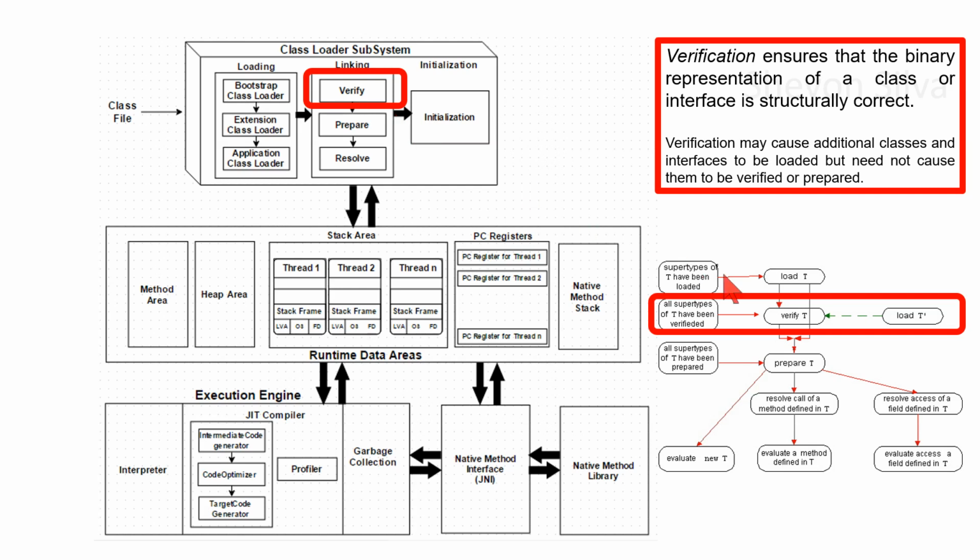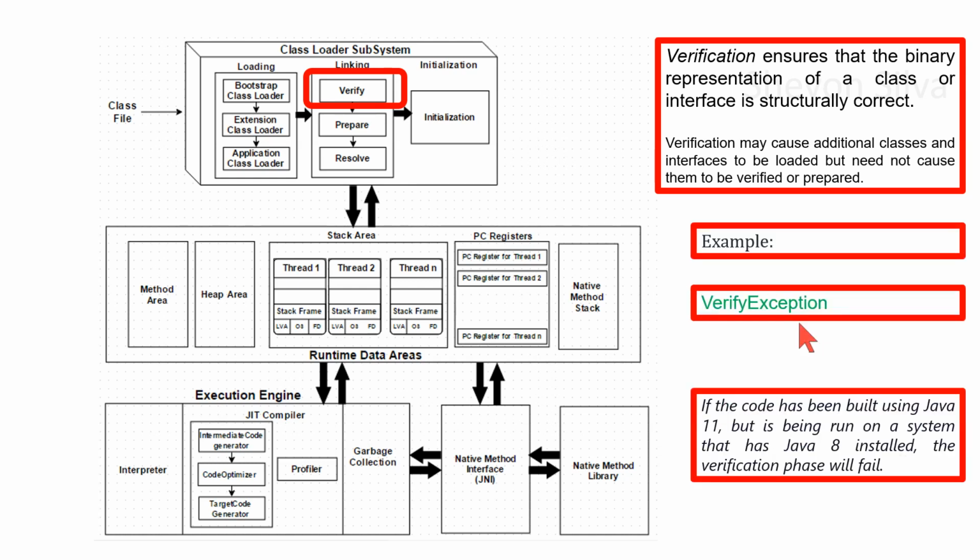In this diagram you can see verify class T, and according to this diagram, all the supertypes of T have been verified. If the code has been built using Java 11 but is being run on a system that has Java 8 installed, the verification phase will fail and it throws a VerifyError, for example.